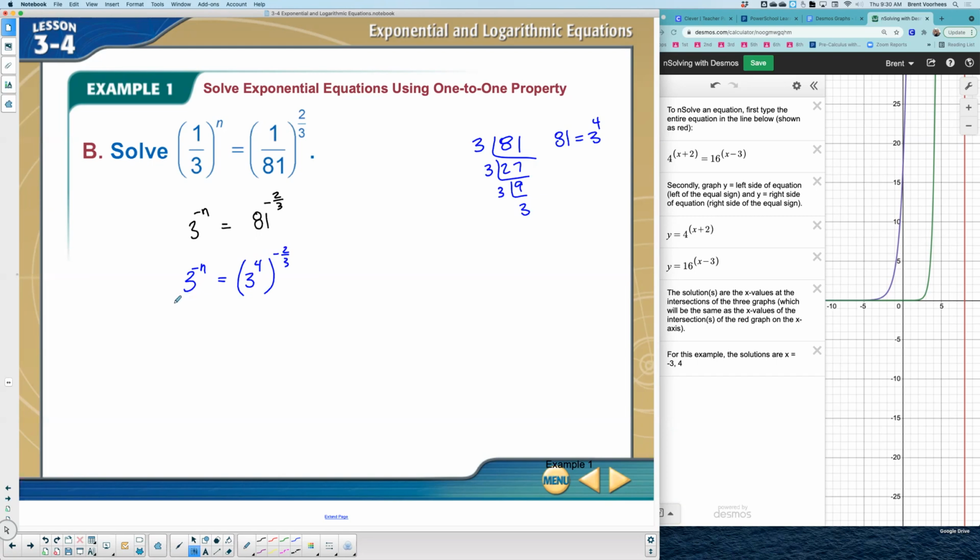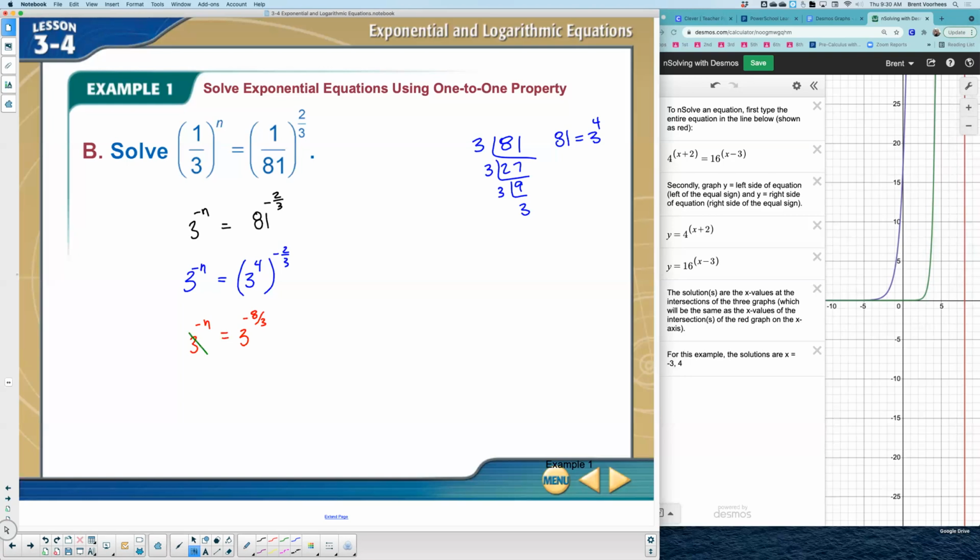So I just told you on part A. Now you repeat back to me. What do you do when you have a power raised to another power? You multiply them. So I would have 3 to the negative n equals 3 to the, when you multiply the fraction, the numerators multiply, denominators multiply. It'll be -8/3. Very good. Do I have a common base? Yeah, common base.